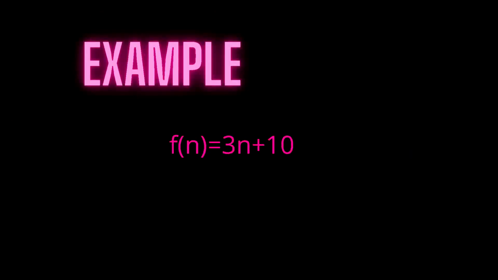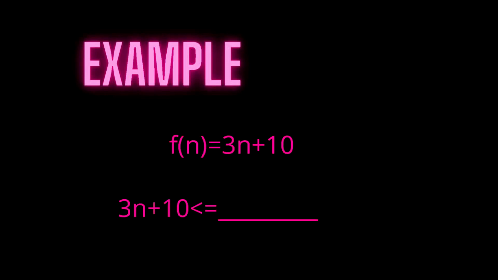Assume a function f of n equal to 3n plus 10. You know, last time we have seen this algorithm thing. So you have a function 3n plus 10. Now, you should write this in such a way that it satisfies the condition.